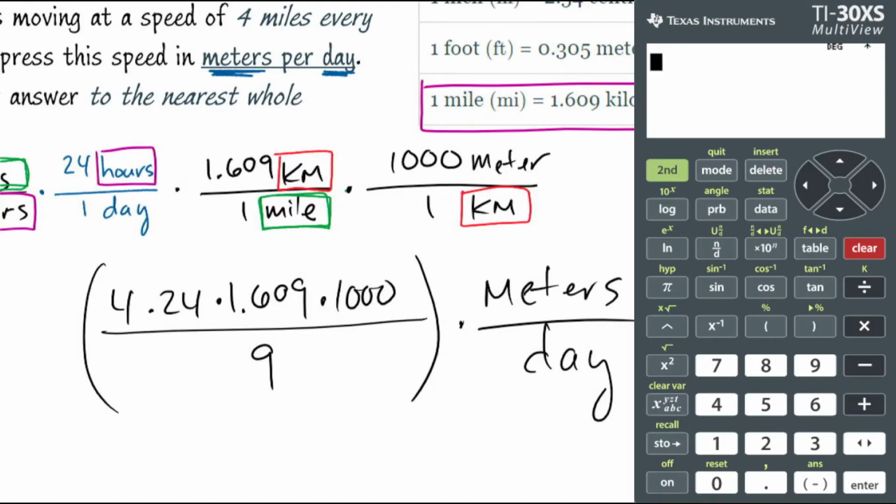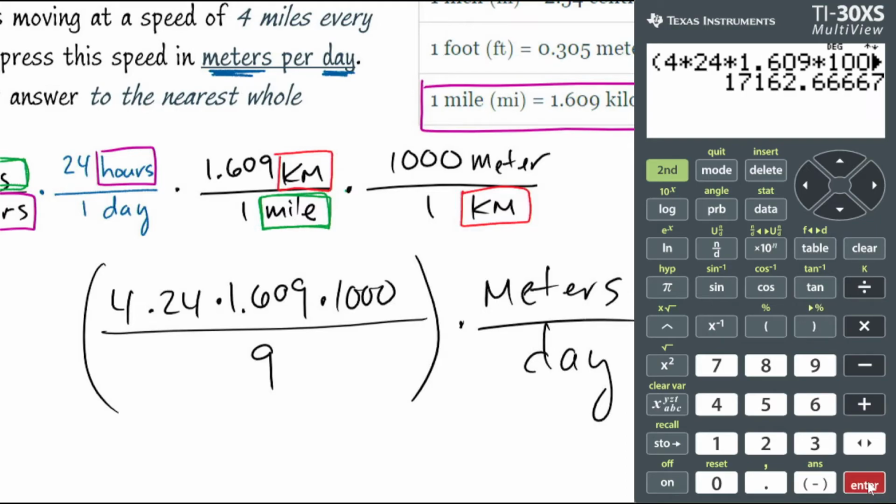Inside the parentheses are going to go 4 times 24 times 1.609, and then times 1,000. I'm going to close the parentheses, and then divide that by, and there's actually no product here, it's just the number 9. So I don't have to be so concerned about entering this correctly. Divide by 9. And when I do this, I get this number.